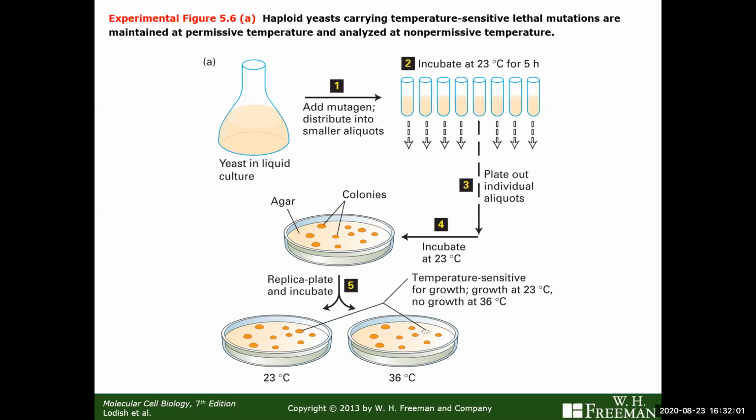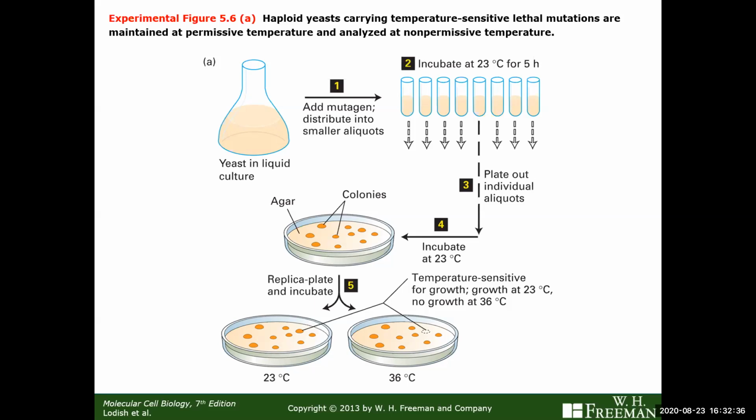And one copy of a particular plate, you grow at the permissive temperature, 23 degrees centigrade, and the other one you grow at a higher temperature, 36 degrees. You will find a few cells that will grow at the 23 degrees centigrade permissive temperature, but not at the 36 degrees centigrade non-permissive temperature. So you now know that, okay, here is a mutant, a temperature sensitive mutant that can grow under permissive conditions, but not under non-permissive conditions.